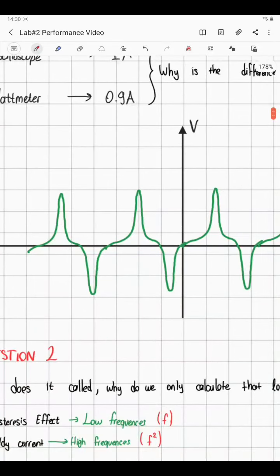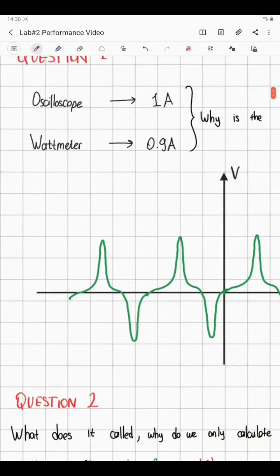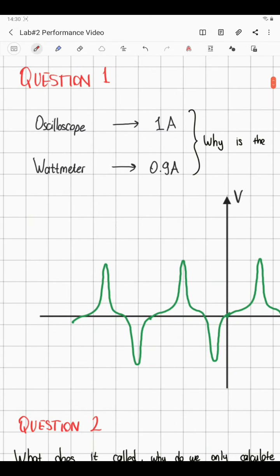Well, my answer is because when I looked at the oscilloscope's technical specifications on the internet, I saw that there was no true RMS calculation feature, whereas when I checked the wattmeter that is used in the video, it was specifically saying that it uses true RMS and mathematical calculations to calculate the true RMS.